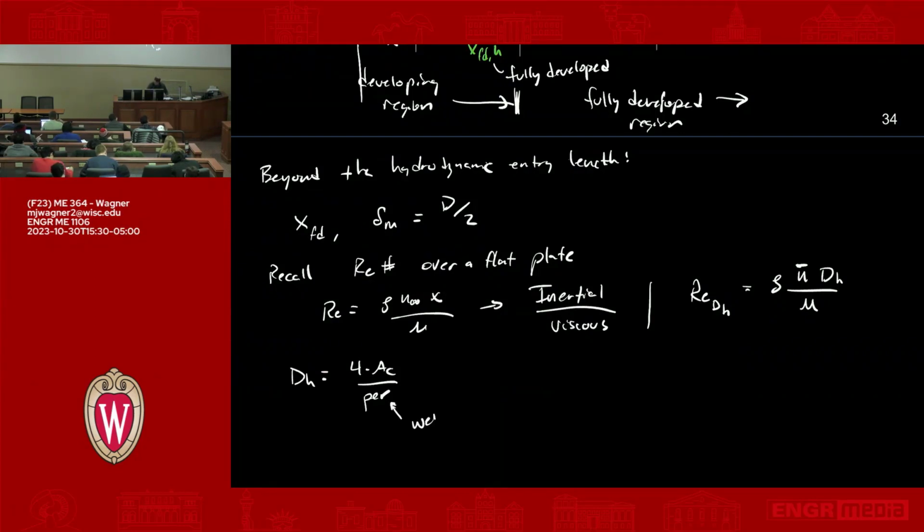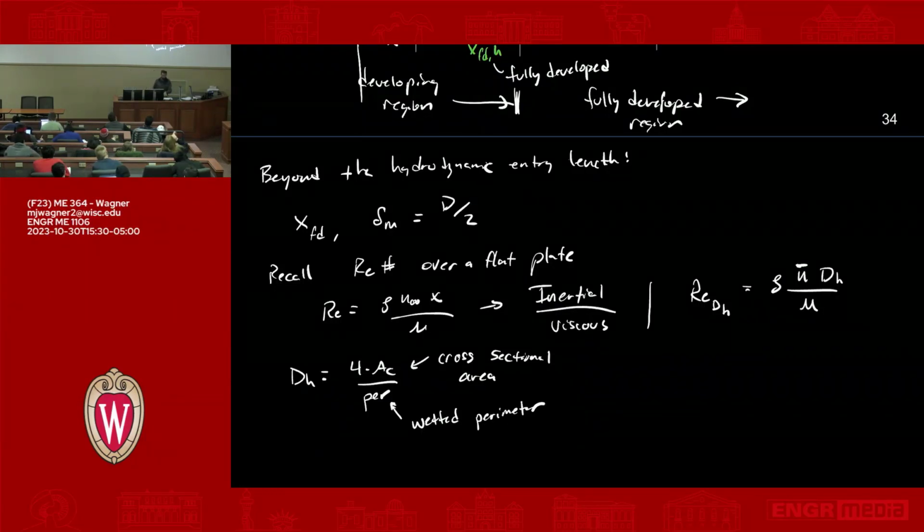This is the wetted perimeter. This is the cross-sectional area. Wetted perimeter, if you have some odd shape, is everything that's in contact with the fluid. Okay, so this is how we compute Reynolds number.